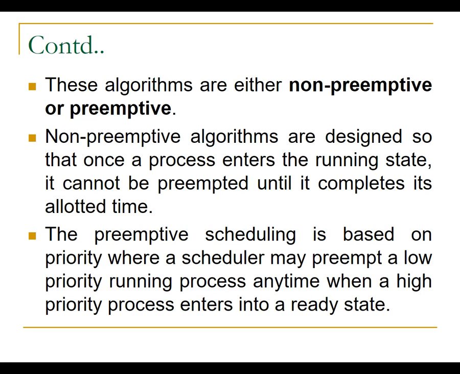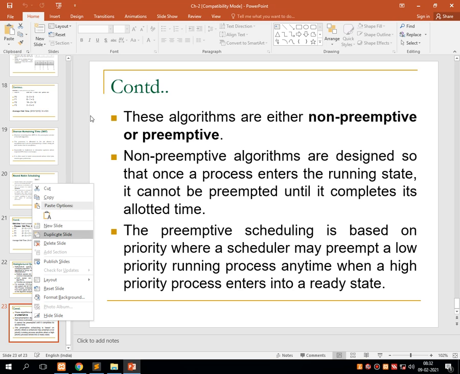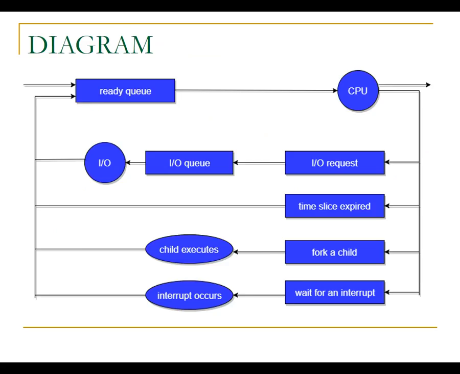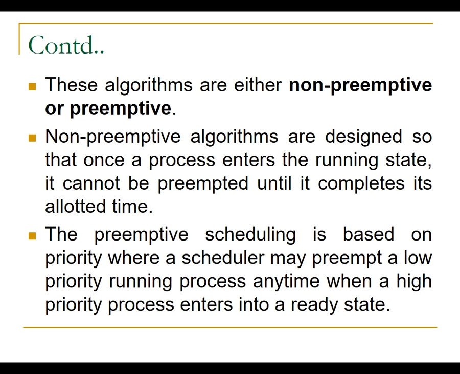The preemptive scheduling is based on priority, where the scheduler may preempt a low priority running process at a particular time when high priority processes are in the ready state. That depends on the execution of the processes, which are assigned by the system resources, and it executes a priority based process in the sequence assigned by the central processing unit.